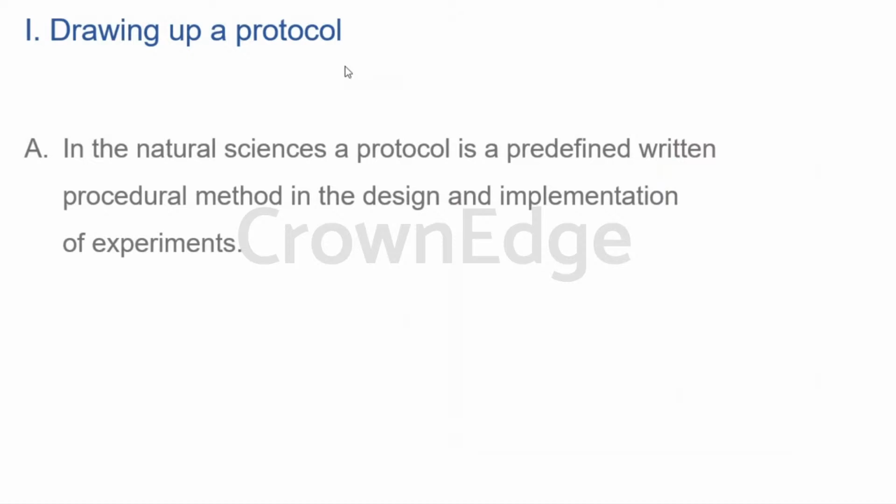In the natural sciences, a protocol is a predefined written procedural method in the design and implementation of an experiment. Protocol is nothing but what you write before conducting the study. You have to write down the methodology.